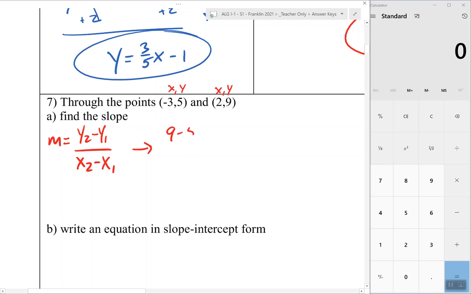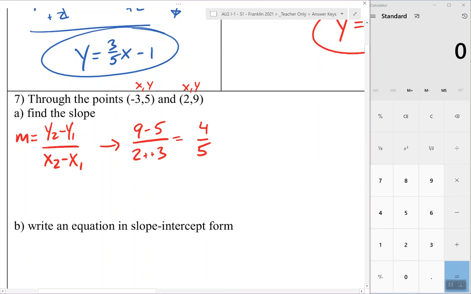So that's 9 minus 5 on the top and 2 minus -3 on the bottom. So that's 4 over 5. Remember, 2 minus -3 turns into 2 plus 3. So 4/5 here for the slope.